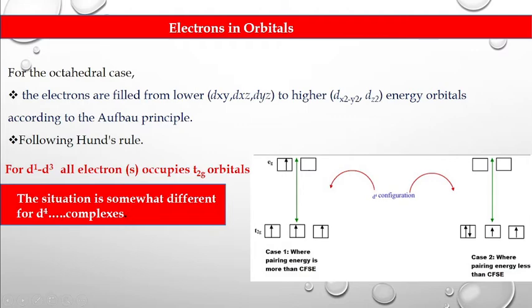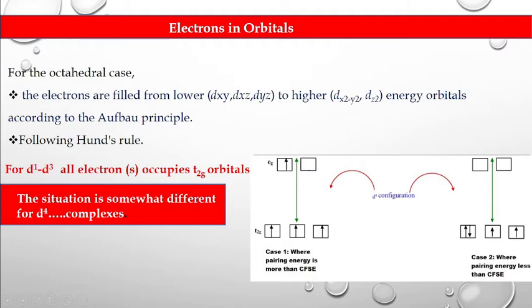Either 3 electrons occupy the T2g level and the fourth one occupies the Eg level, or all 4 electrons occupy the T2g level. So we get the configuration t2g3 eg1 in one case, and the configuration t2g4 eg0 in the other.